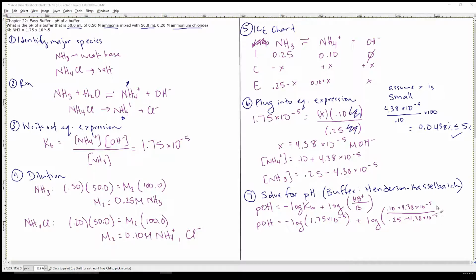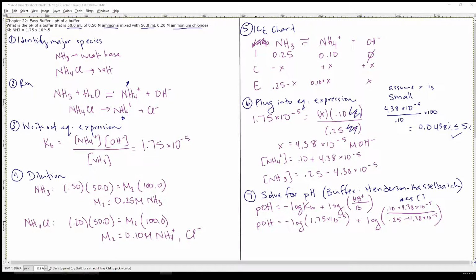And I'm realizing when I say the original that might confuse people. I'm not talking about the original concentration of ammonia. Both of these are supposed to be equilibrium concentrations.